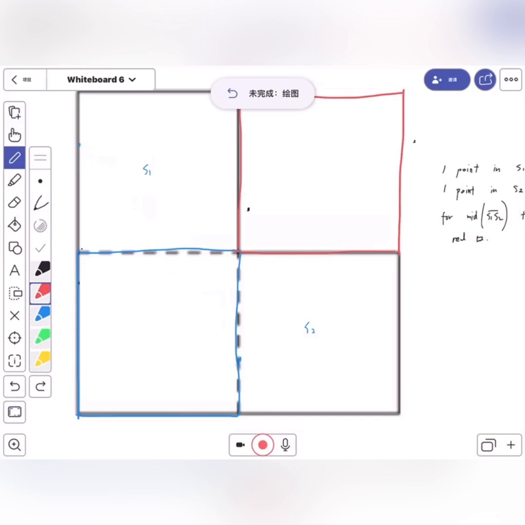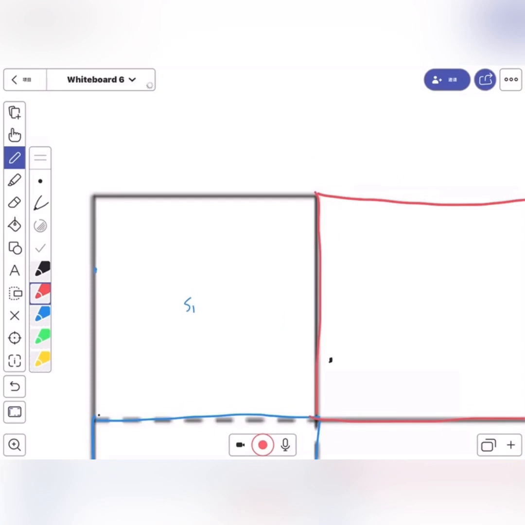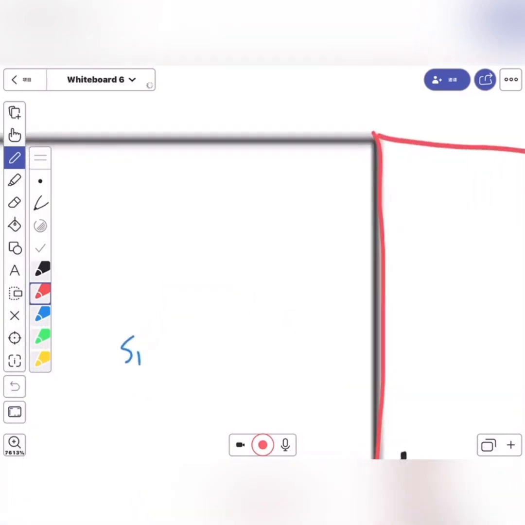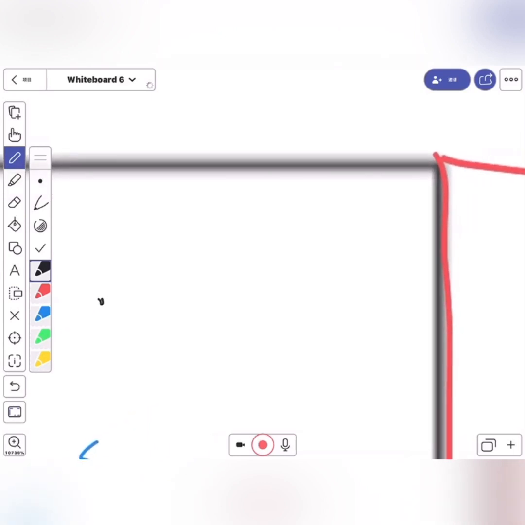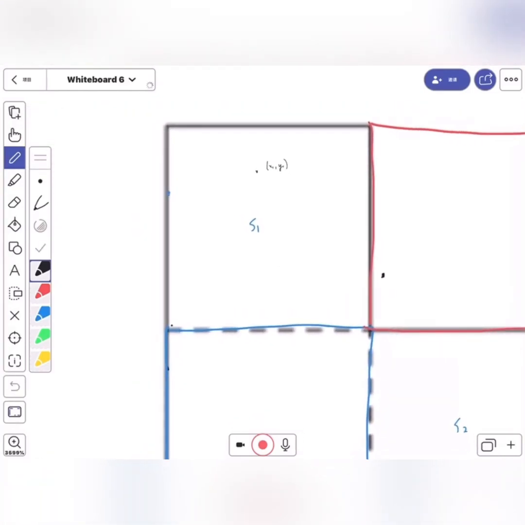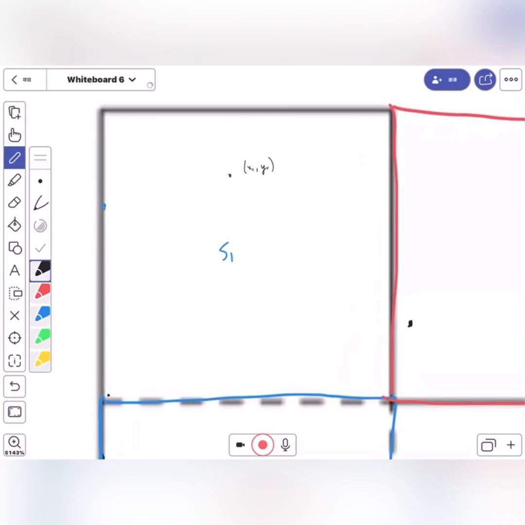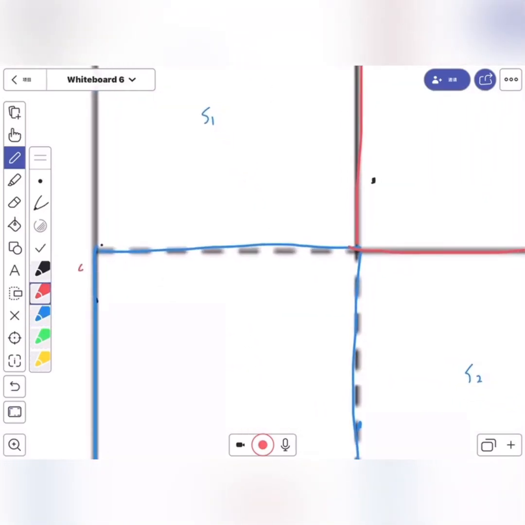But how are we gonna solve that? To do that, we're gonna use coordinate geometry. So let's just define a point in S1 with coordinates x1, y1, and remember we have to make x1, y1 satisfy some kind of restriction. So essentially, the x value must be between 0 and 1.